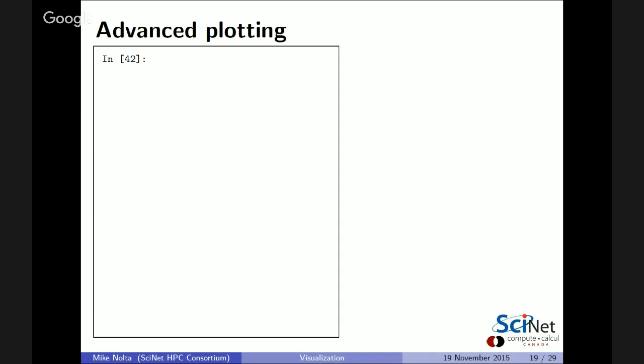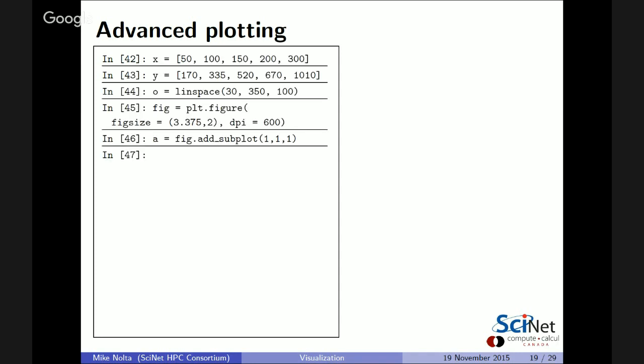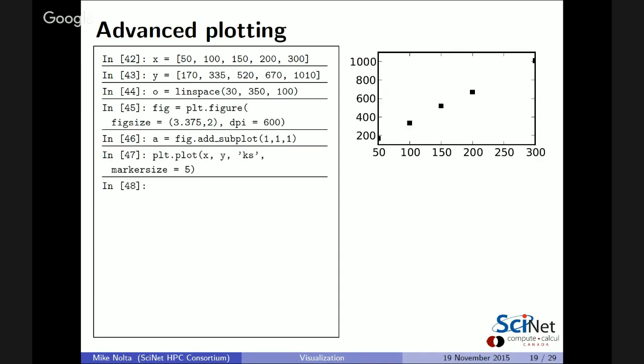Okay. So now let's make a plot for publication. Okay. So I'm going to use the fancier interface, making a figure. So again, I'm going to set the fixed size here. Units default to inches.